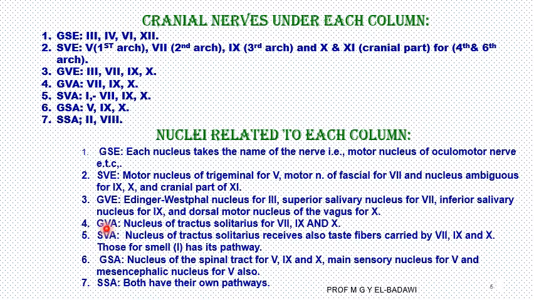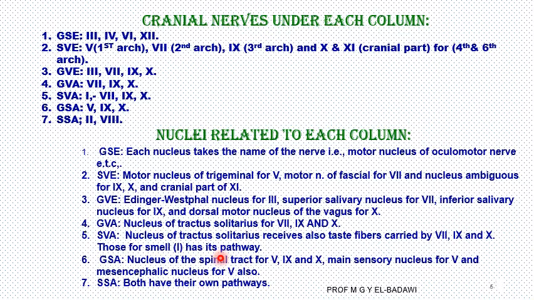The general visceral afferent, all of them are going to the nucleus solitarius or nucleus of tractus solitarius for the 7th, the 9th, and the 10th. The nucleus solitarius also will receive the taste fibers carried by the facial, the glossopharyngeal, and the vagus.